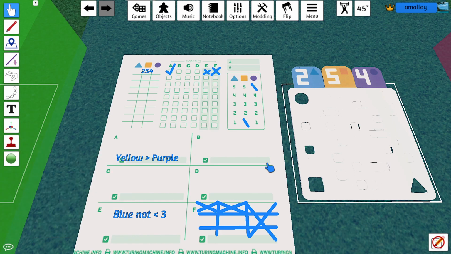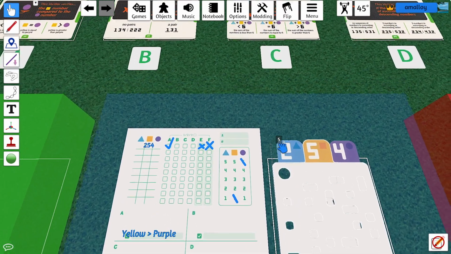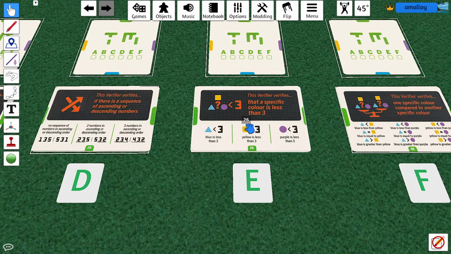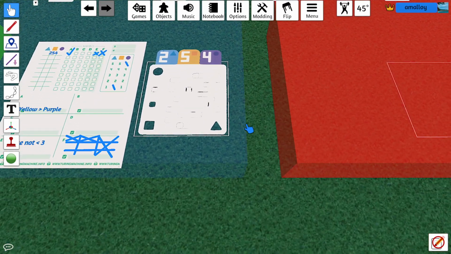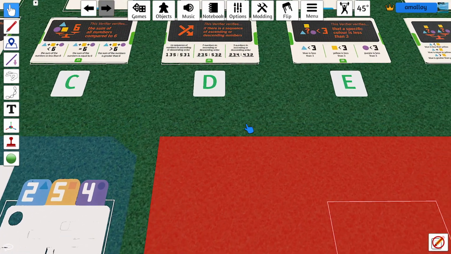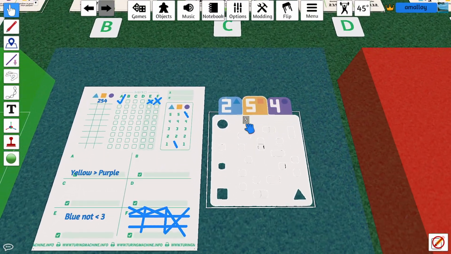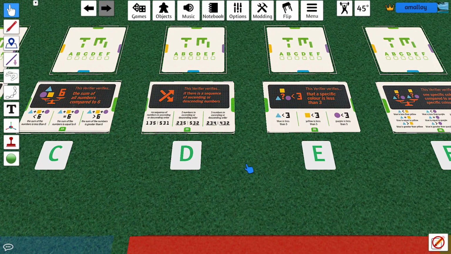It also means it's rather unlikely that, where is it? That this one is checking for yellow less than 3. Because if so, we would know yellow, like that would tell us like a lot, right? It would tell us that yellow is less than 3, which means it's 1 or 2, but it's more than purple, strictly more.